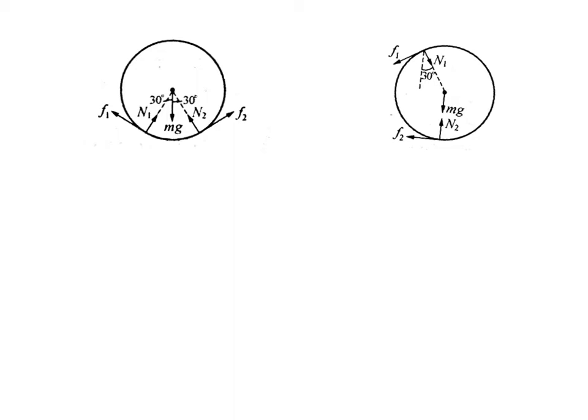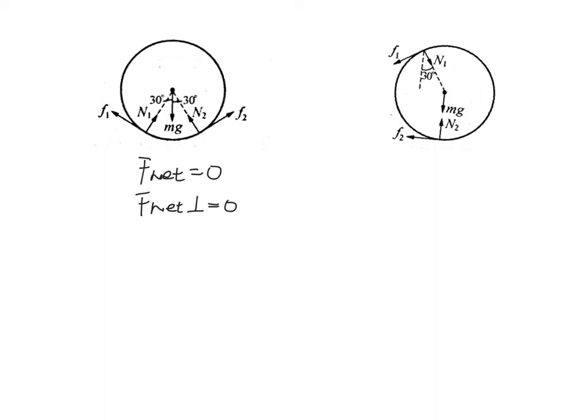For the cylinder on the top, we have 2 normal forces from the 2 bottom cylinders, and also gravity, and also 2 friction forces from the 2 cylinders. So if F net equals 0, then F net in any direction equals 0 too. For example, F net in vertical direction equals 0.